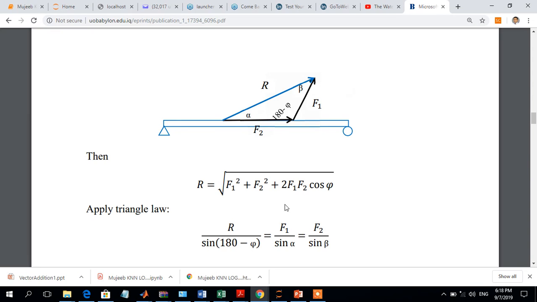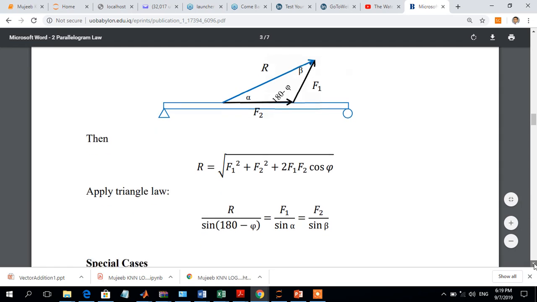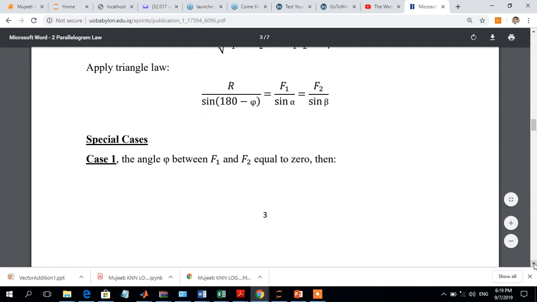Similarly, F2 divided by sine beta. So R divided by sine of 180 minus phi is equal to F2 divided by sine beta, and that is equal to F1 divided by sine alpha. There are some special cases.